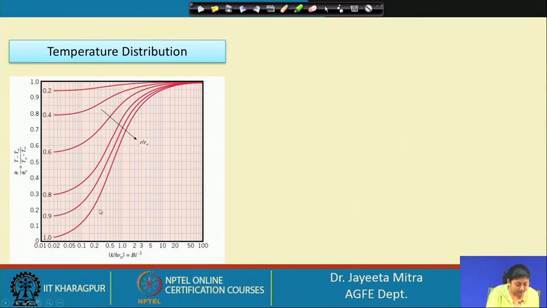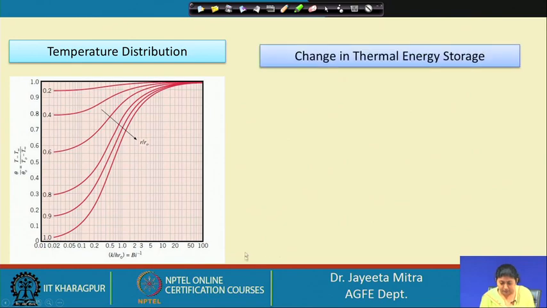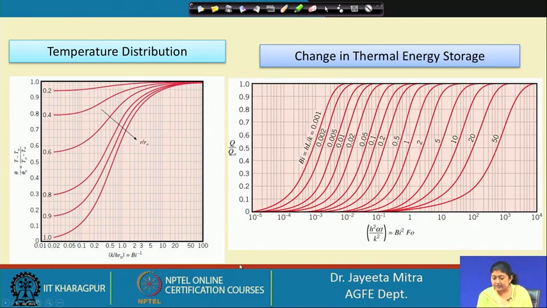So, based on this we can calculate what the temperature distribution inside the food will be. Now the change in thermal energy storage can also be seen from this data, where again Biot number is plotted, and q by q 0, that is the change in the heat content over the initial heat content q 0, and this is Biot number square into Fourier number. Okay. So, from this chart we can get the idea of the thermal energy storage.